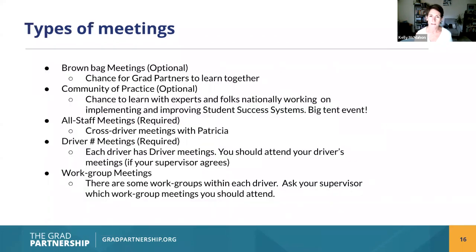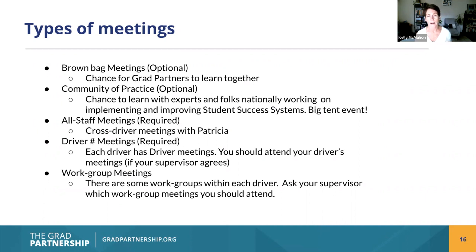We have lots of types of meetings in the GRAD partnership, including brown bag meetings. These are optional meetings meant for all the organizations doing this work. This is a chance for GRAD partners to learn together and stay in touch with one another about the important work that we're doing.